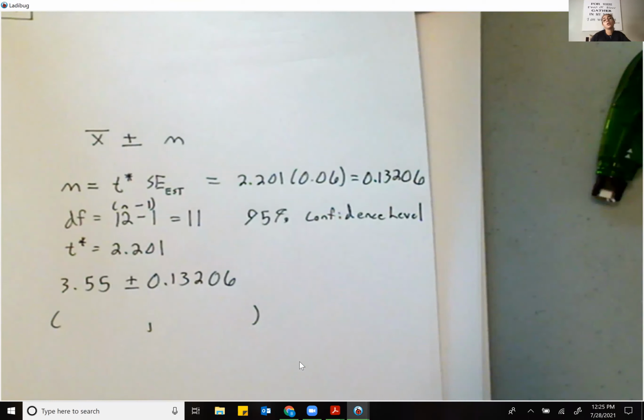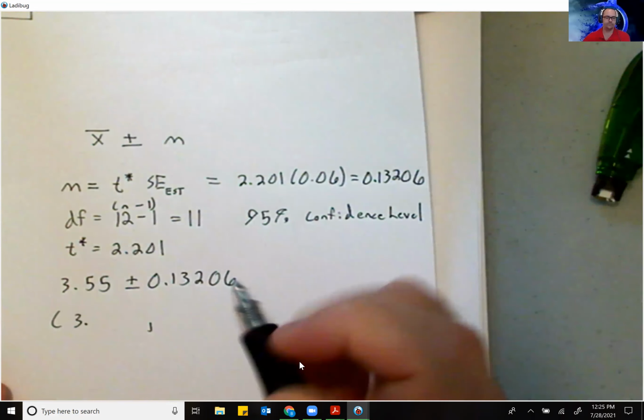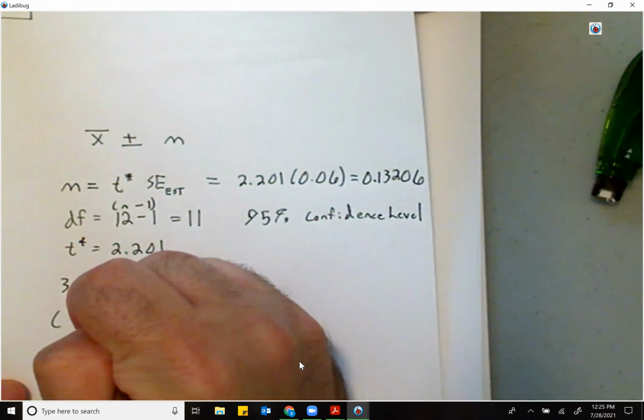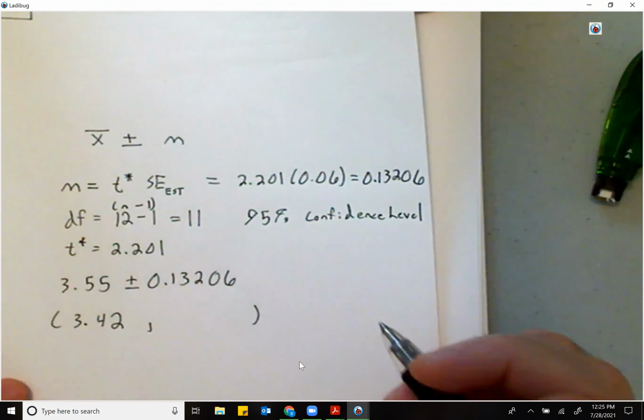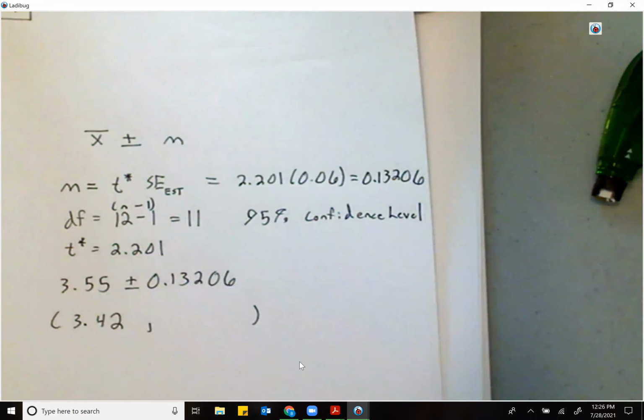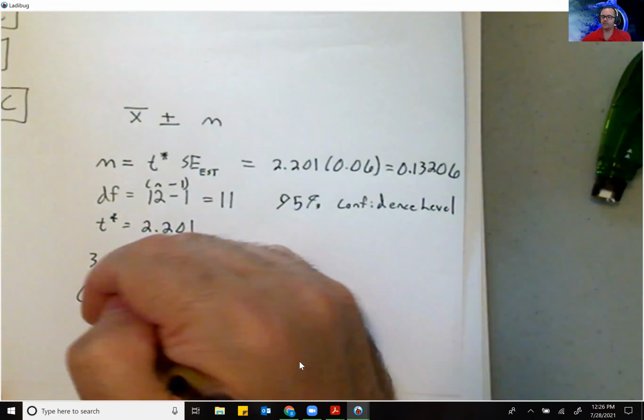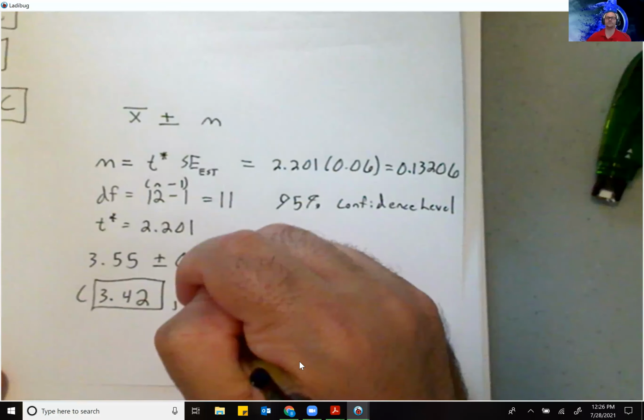Do we subtract once or 3 times? Just once. So it would be 3.42 for the first one, and the second one would be 3.68. So these are what go in the blank on part C.